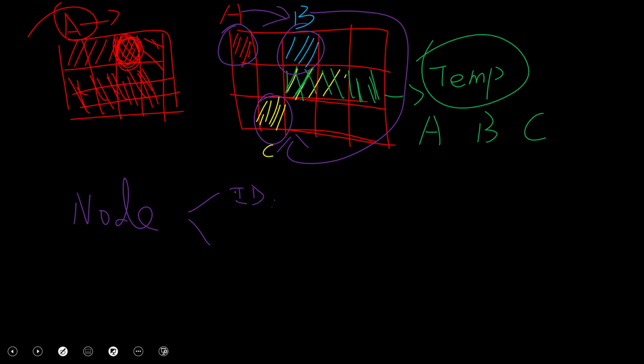This may be a name, or something to identify this node. Another thing is the next node reference. This one will point to the next one you want to link to.